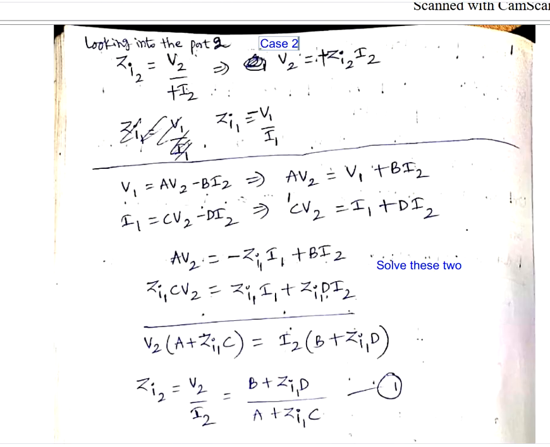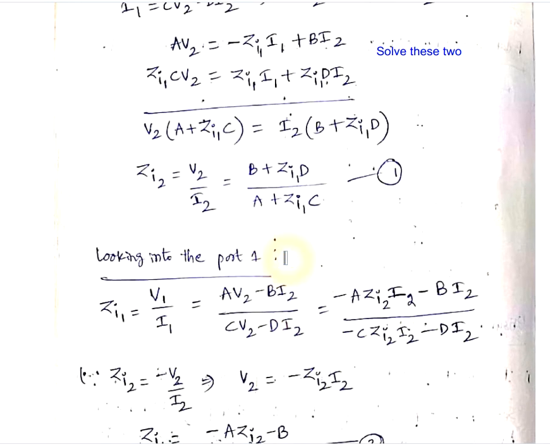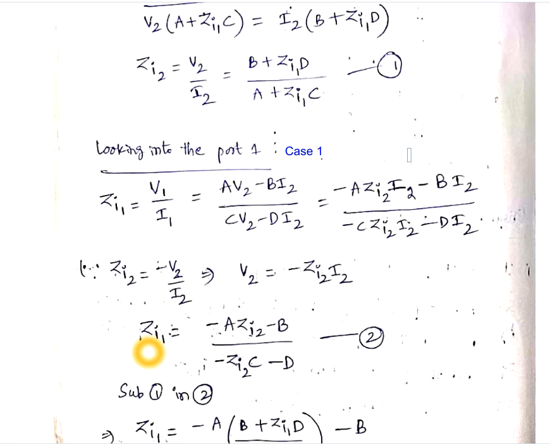So these equations are for case 2, and when you look into port 1, this is for case 1. In a similar manner you rearrange the equations of ABCD parameters, then get Zi1 in terms of Zi2 and ABCD. So like this you will get Zi1 and Zi2, which are given in equation 1 and equation 2.